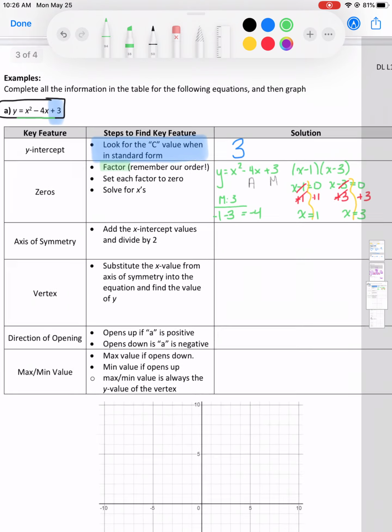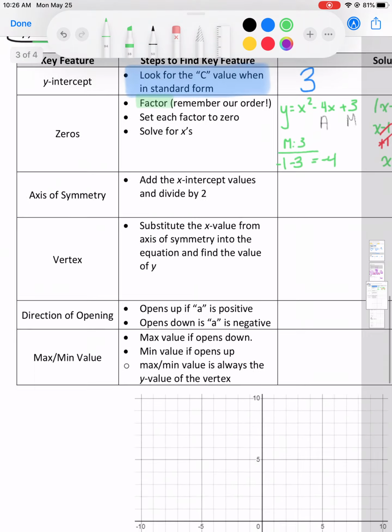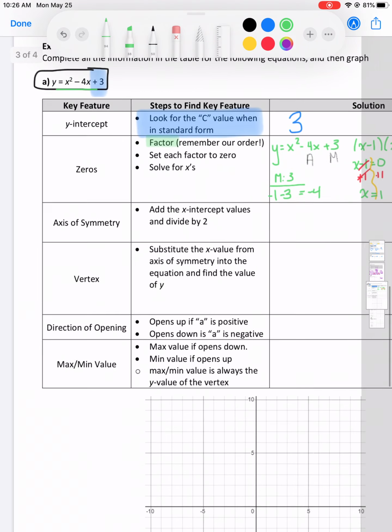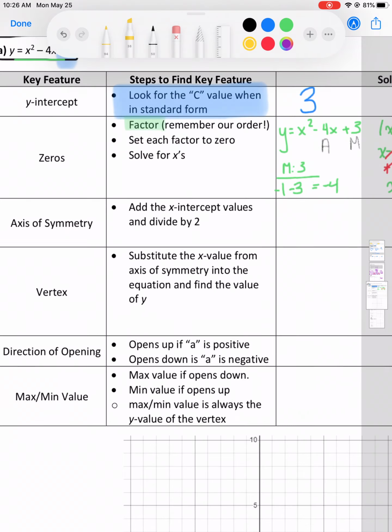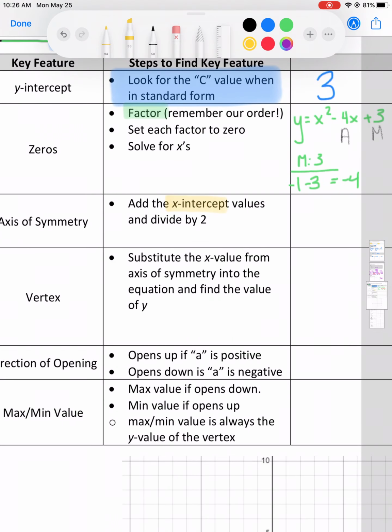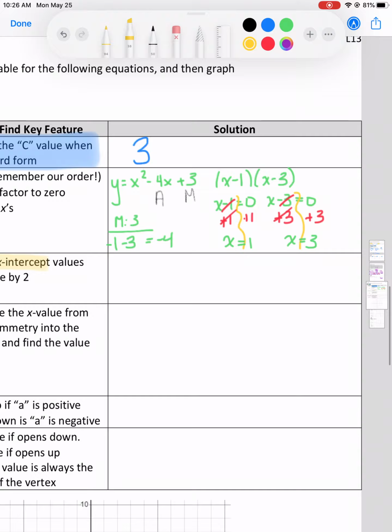Okay. Axis of symmetry. So what do we do? We add the two x-intercept values and divide by 2. So this is new, technically, because when we were looking at our axis of symmetry earlier, we had already graphed it. So if we look at our two x-intercept values, we add them up and divide by 2.